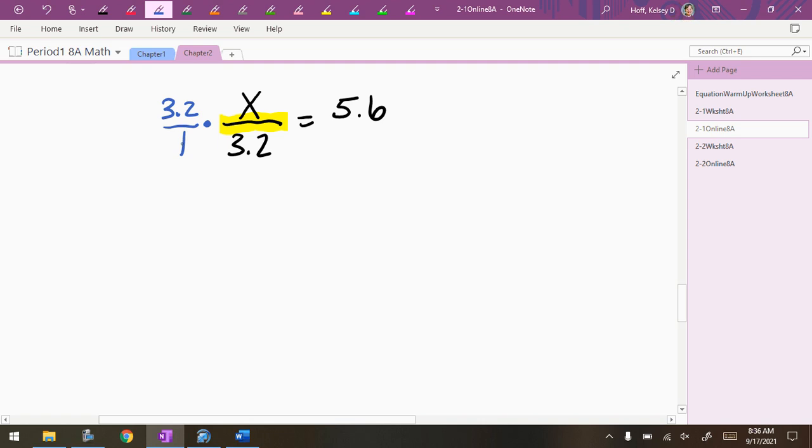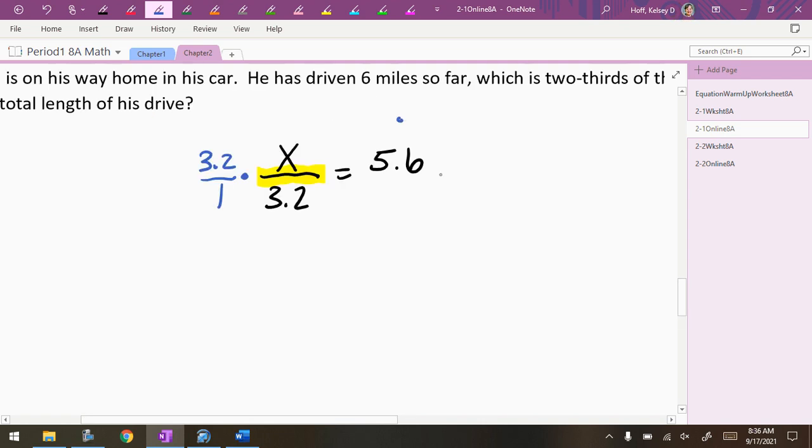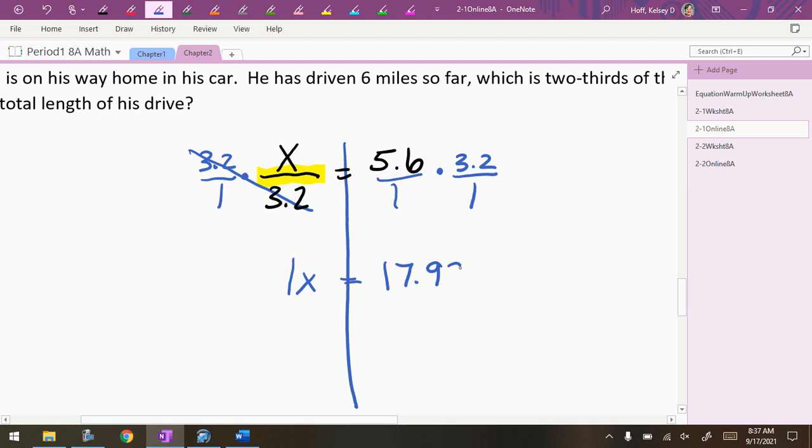And whatever you do to one side, you have to do to the other. So these 3.2s cancel. I'm left with 1x. Then you need to take 5.6 times 3.2, and you get 17.92. And 17.92 divided by 1 is 17.92.